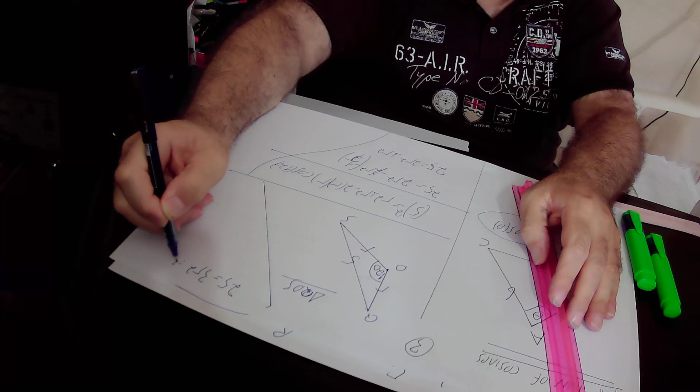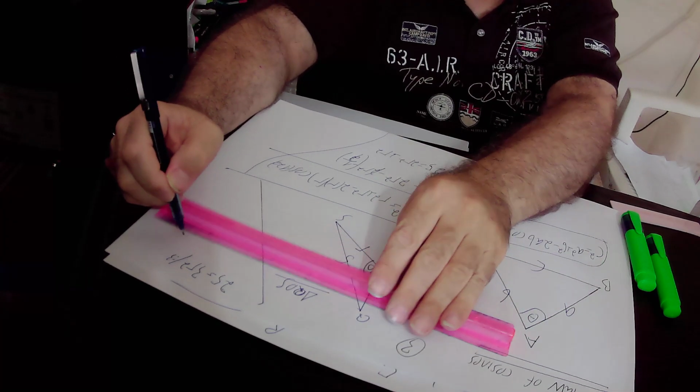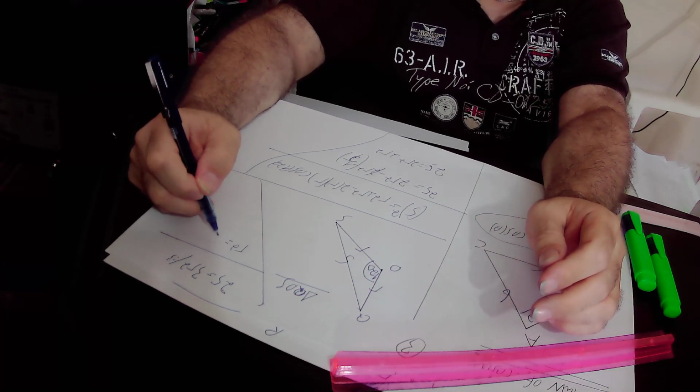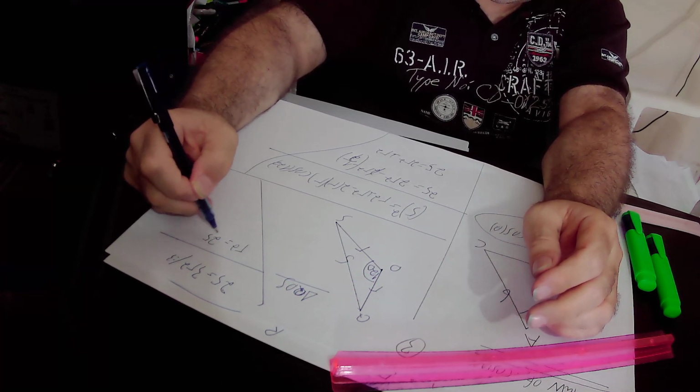Here we divide this equation by 3 and we get that R squared equals 25 over 3.